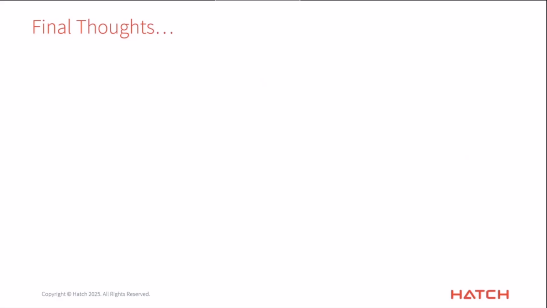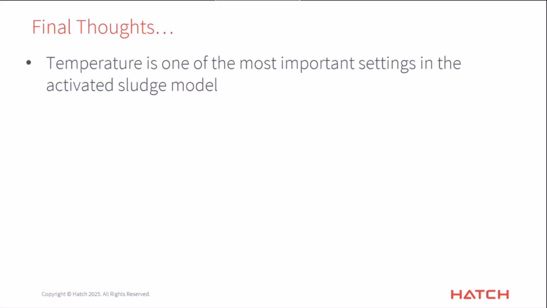Okay, so arriving at the end here, I did want to revisit this. This is actually a redo and an update of an old webinar from, I'm thinking, probably 10 years ago. The temperature really is one of the most important settings in the model. As you can see, the reach into all these different processes and calculations is pretty standard.